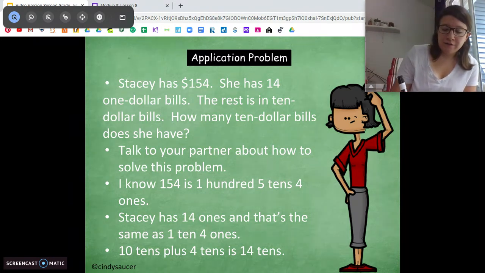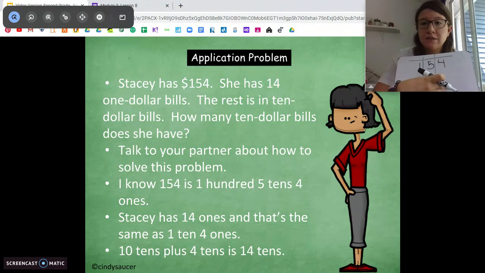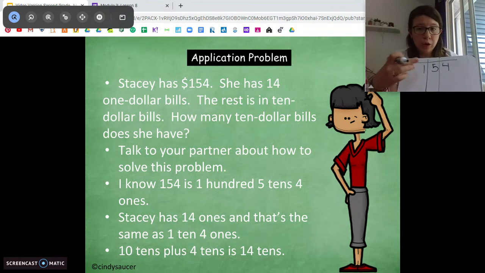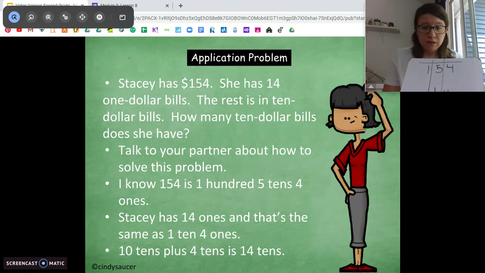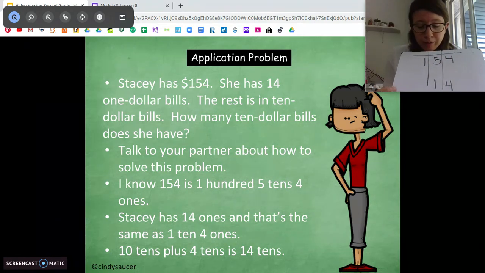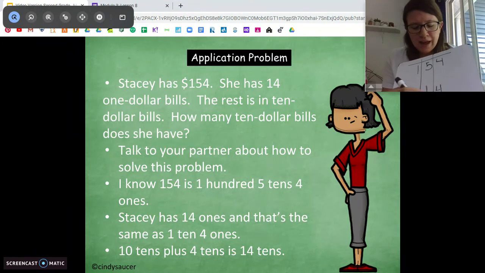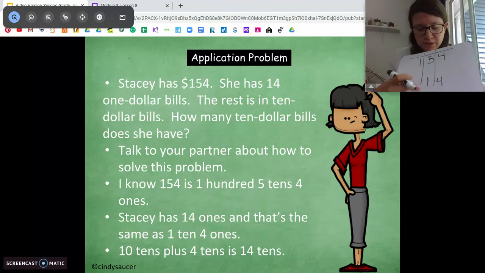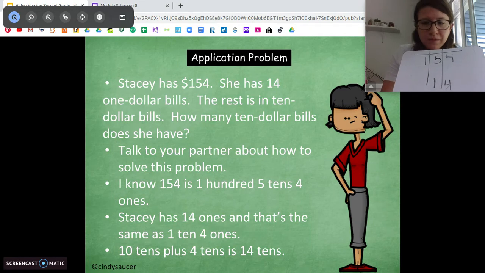So I know 154. I'm going to do that in my little place value chart here. It is 1 hundred, 5 tens, and 4 ones. Now, we know this information, and we know that Stacy has 14 ones. That's the same as 1 ten and 4 ones. So, if we were to add another 10 tens to this, if we were to add 14 ones, I know that the ones are going to cancel each other out, right?